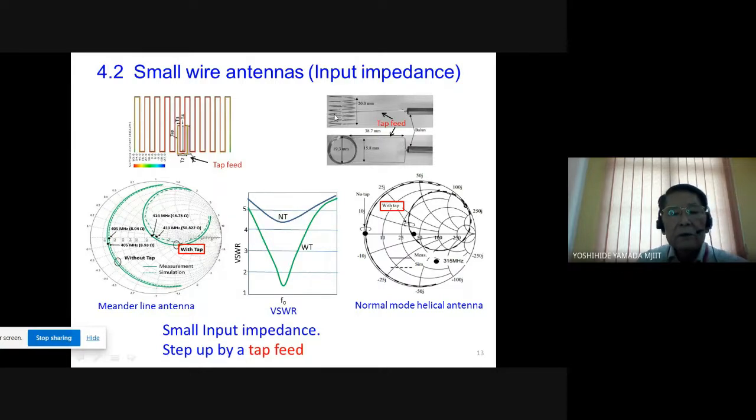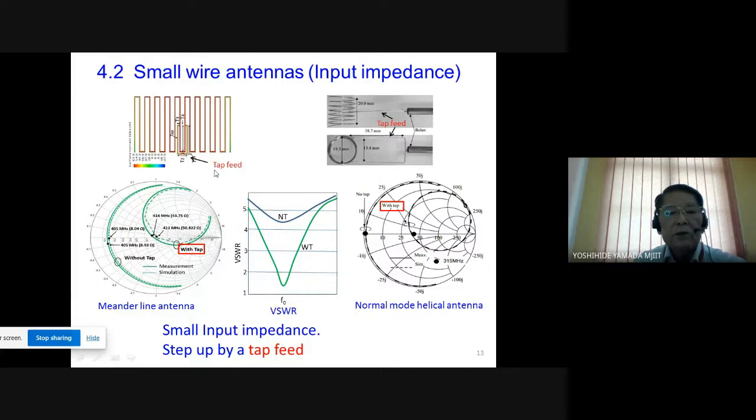So in the measurement of VSWR, we must step up the input impedance. Here also, we must step up the impedance. Then we use this structure, where some additional wire is attached.